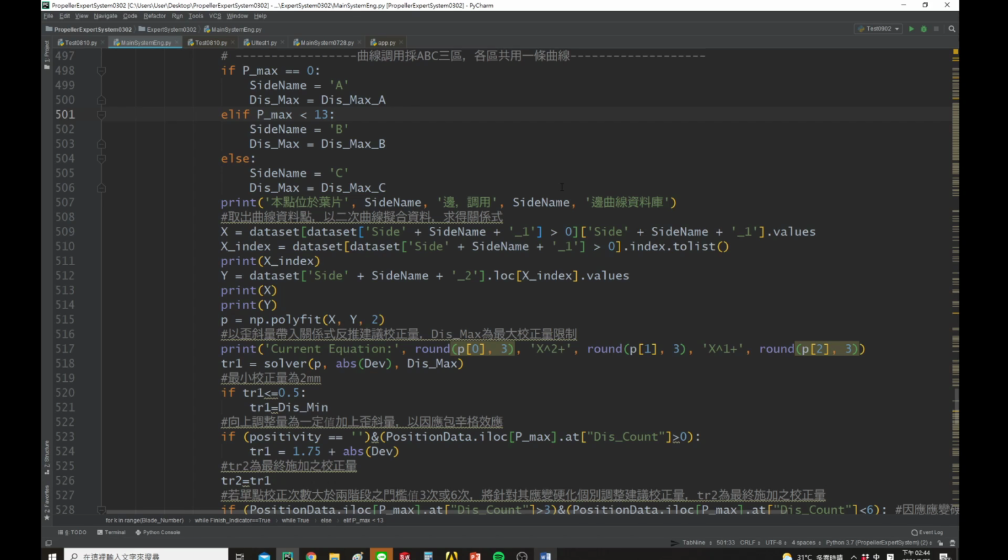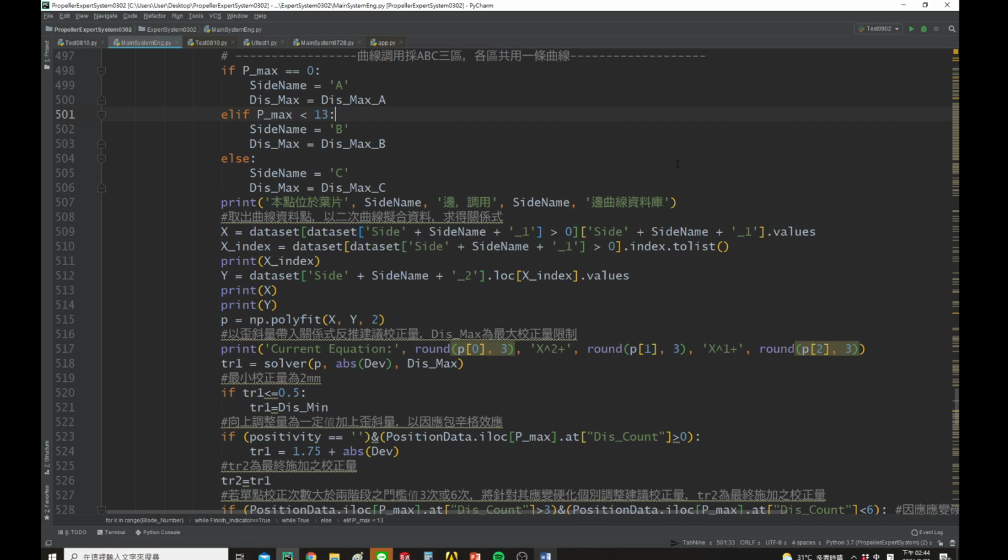We have the site A1 value and site A2 value. These 2 values mean the x and y of site A in the curve data file. This is the x for site B, and the x and y for site C.